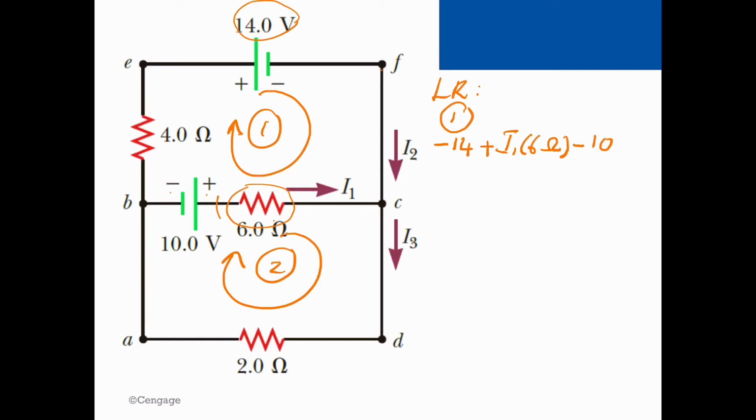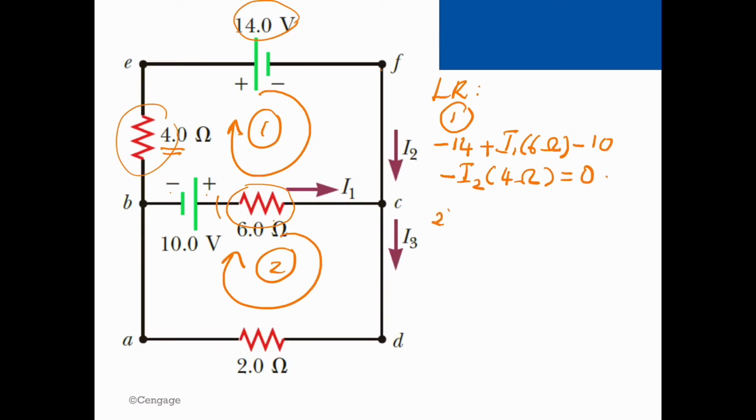And the last one is on this resistor of 4 ohm. The direction of the loop traverse and the current are in the same direction. Therefore, we have negative I2 times 4 ohm equal to 0.